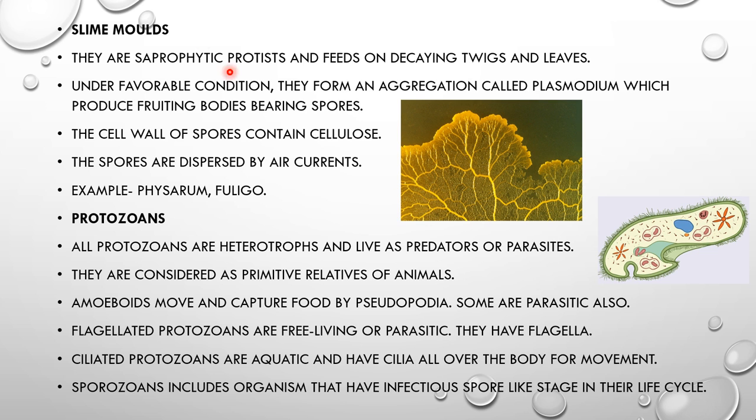That is the special characteristic of the slimy molds, even under unfavorable conditions. The spores are dispersed by air currents. An example of the slimy molds is Fuligo. Just remember the names of all these protists, so you can easily write the examples if the question is asked in your exam.